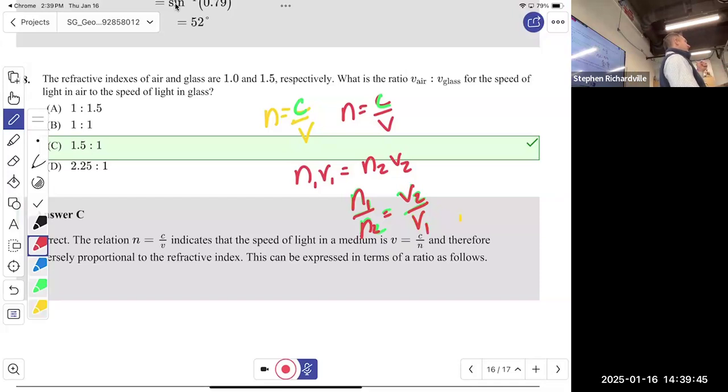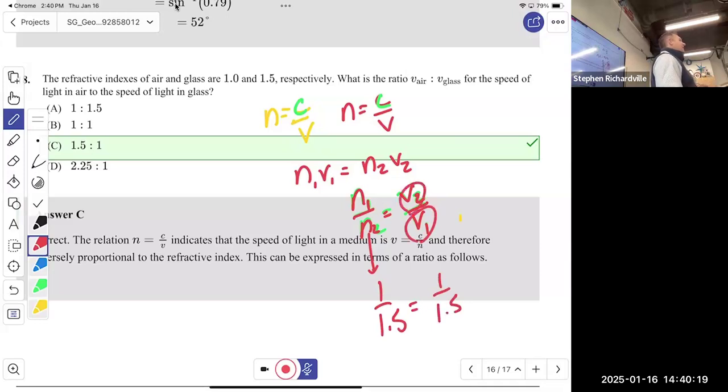You see the differences between n's and v's. The only equation I know that has n and v in it is n equals c over v. So then you've got 2 different n's, 2 different v's. What do they possibly have in common? That they should be giving c. So then I can create my ratio and say, based on that, 1 over 1.5 should be the same as 1 over 1.5, but that would be v1 over v2.